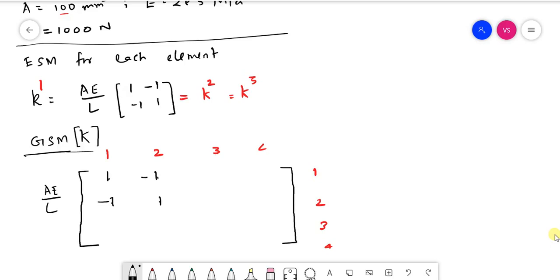Then I take the second element stiffness matrix, which is again the same. This 1 minus 1 minus 1 1 will start here. So I put plus 1 minus 1 minus 1 1. Now this red color is for element number 2.